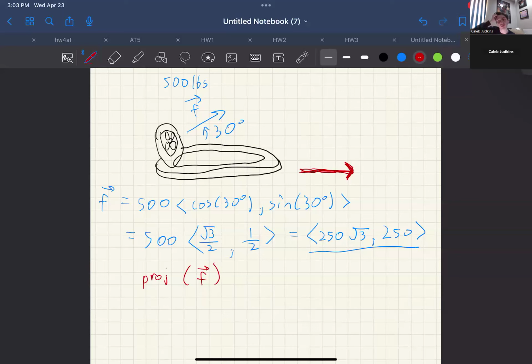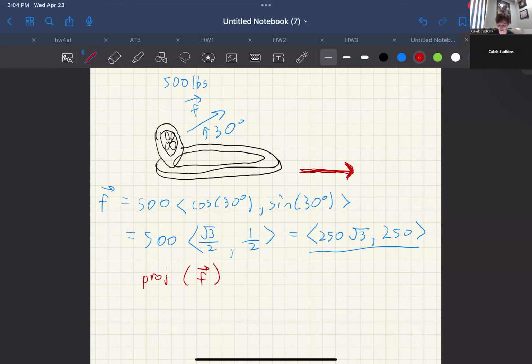Remember the thing that I did in class today: the projection of a vector v in the direction of u, if we normalize u, that is, find the vector that goes the same direction as u but is only 1 unit long, a unit vector going the same direction as u, then the projection of v onto u is going to give us the force that is applied in the direction of u.